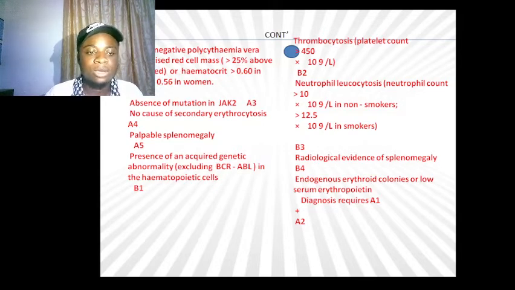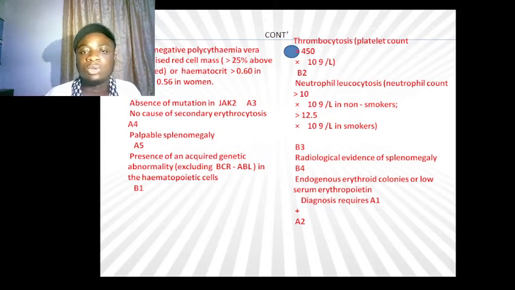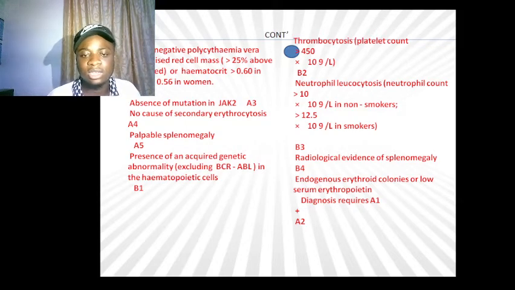So B1, thrombocytosis above 450 per microliter. B2, check for neutrophil leukocytosis, where the neutrophil count is above 10 per microliter. And B3, radiological evidence of splenomegaly. And B4, endogenous erythroid colonies or low serum erythropoietin.